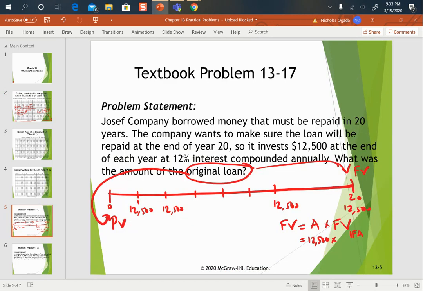So then you'll multiply this future value interest factor of 72.0524 with 12,500, and we get a future value of 900,655.5305. So this is how much needs to be accumulated.